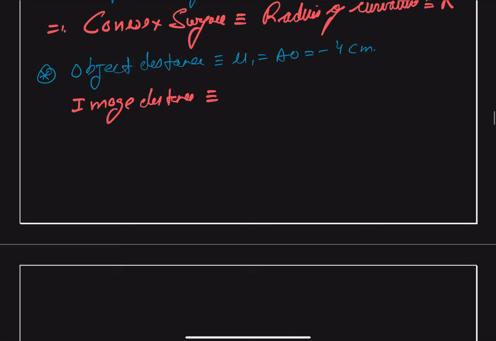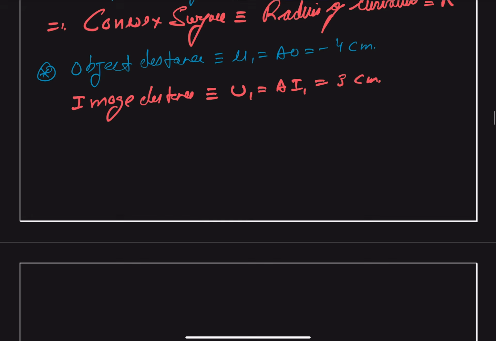Image distance is our V1, which is our AI1, that will be equal to 3 centimeter, and this is for the first case, that is figure A.